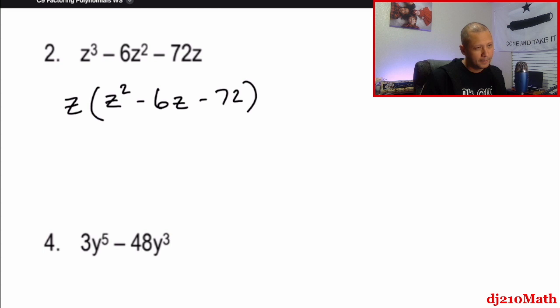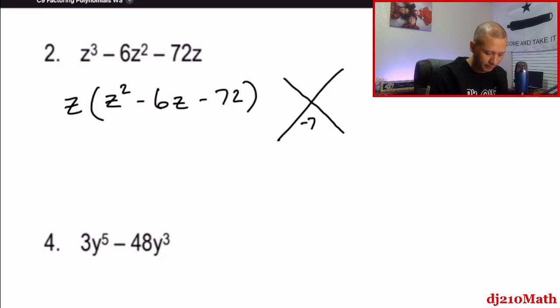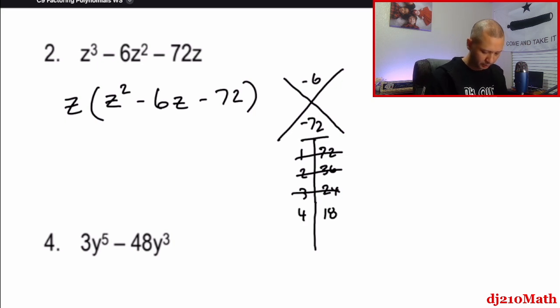Okay. We have a quadratic. I want to come up with 2 numbers that multiply to make negative 72, but add up to negative 6. So it's best to just start with the factors of 72. We can do 1 and 72, 2 and 36, 6 and 12.